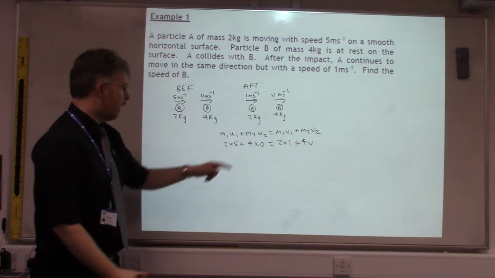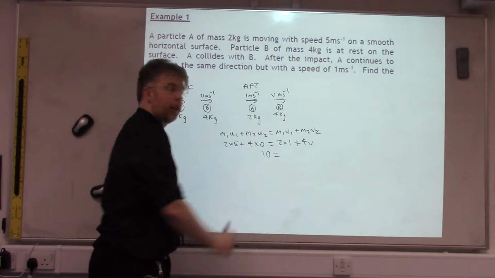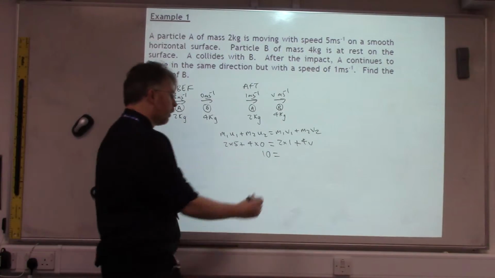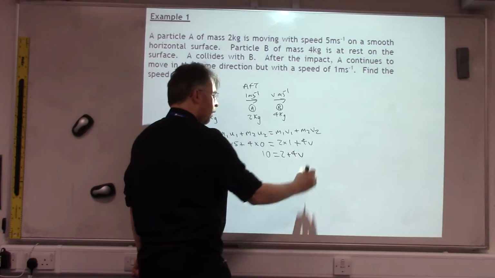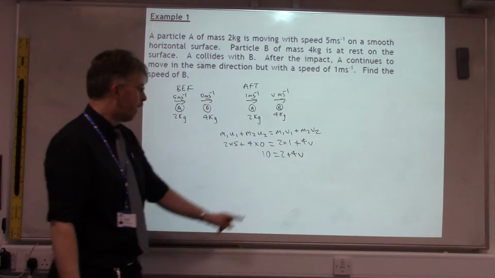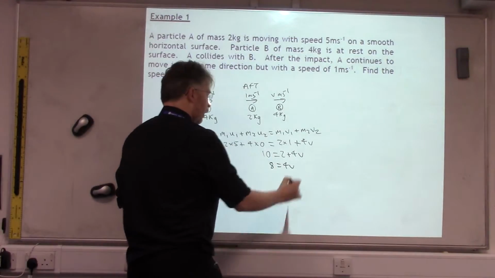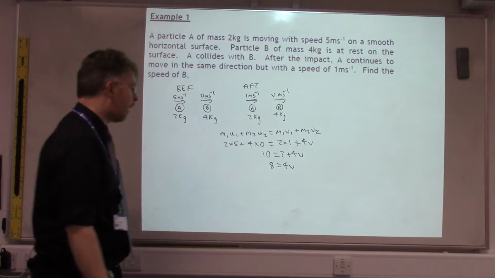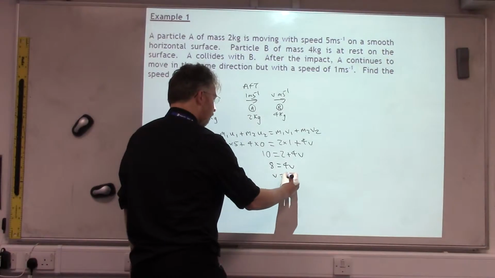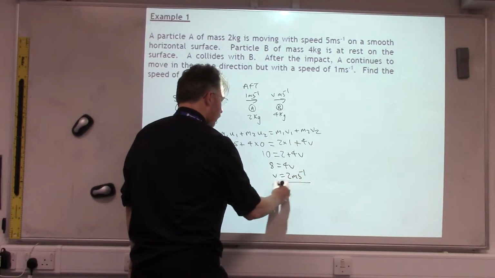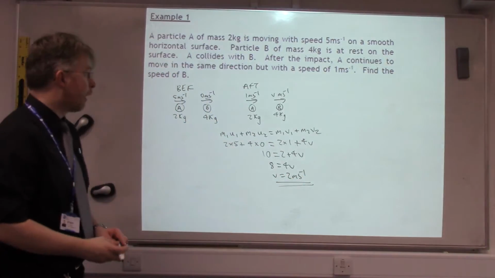So we have 10 plus 0 is 10 for the left hand side, 2 plus 4v on the right hand side. Take 2 from both sides. 8 is equal to 4 times v. Divide by the 4. V is 2 meters per second.